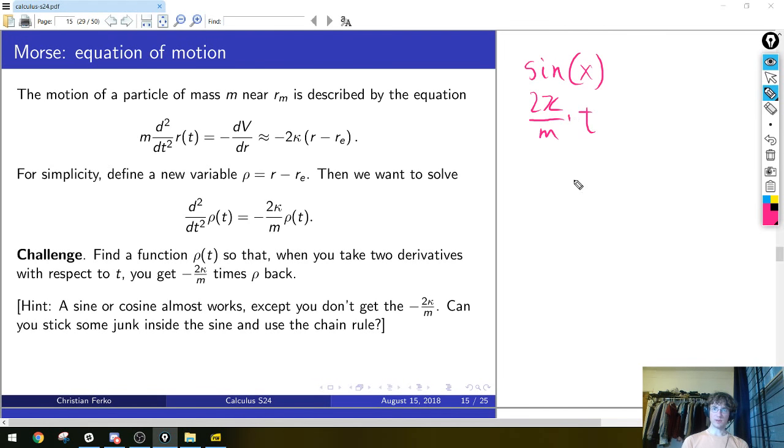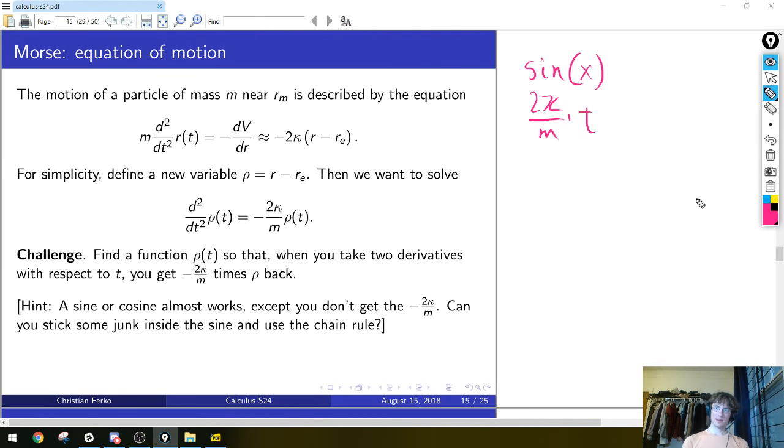Okay, so these are our two functions, right? To use the chain rule, we have to compose these in some way, because the chain rule will allow us to take the derivative of one of them and multiply by the derivative of the other. And as you suggested, this looks like a pretty nice function to multiply by the derivative of, because the number we're multiplying by is exactly the junk that we want to get.